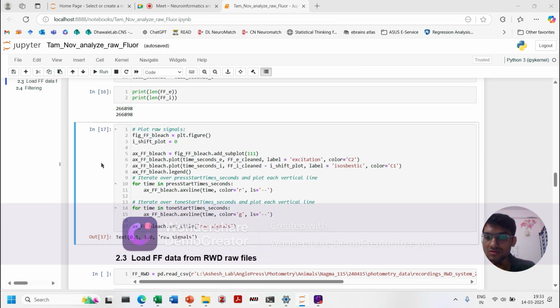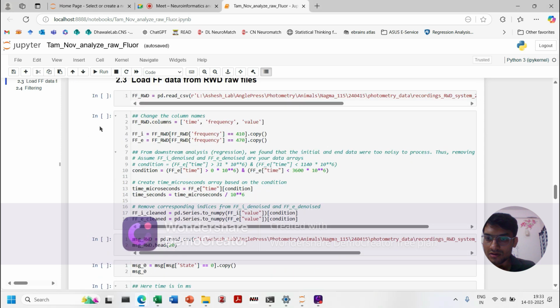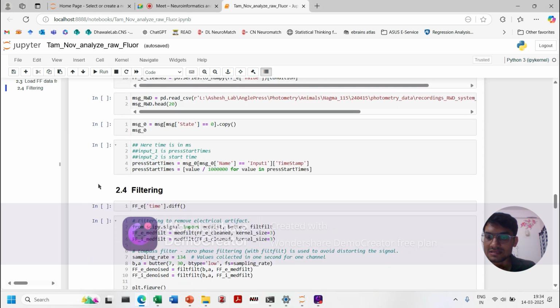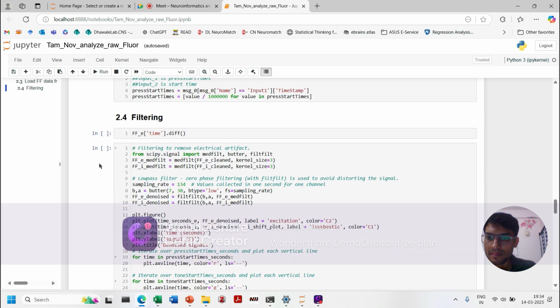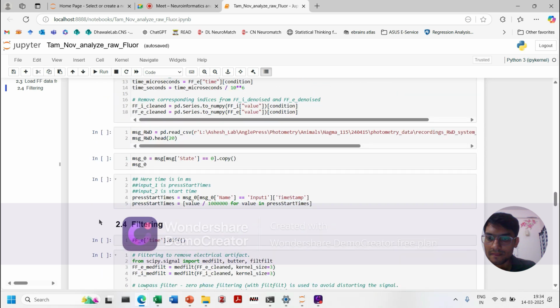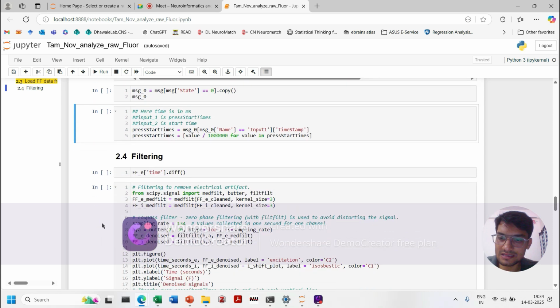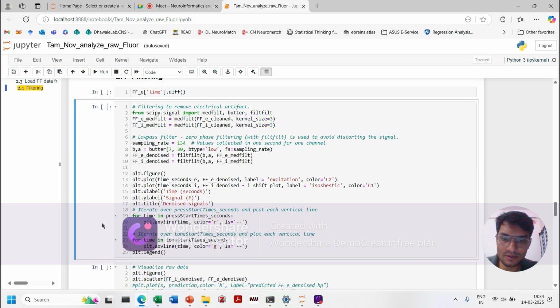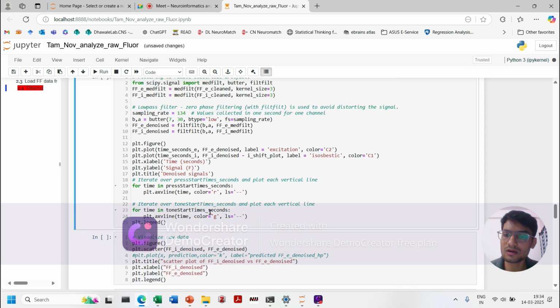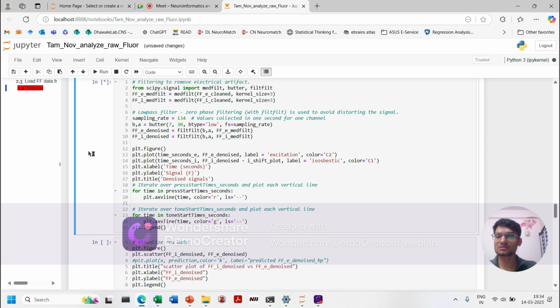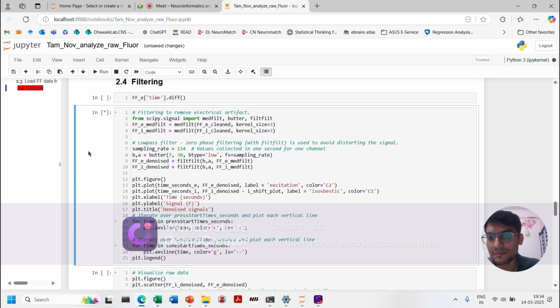I will also apply some kind of filtering. For now I am only applying a median filter and a low pass filter, where I am removing the high frequency noise, basically.